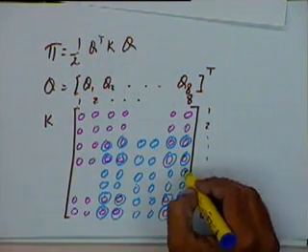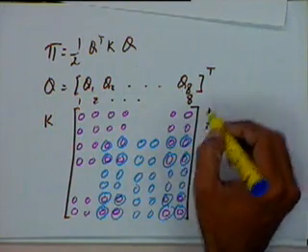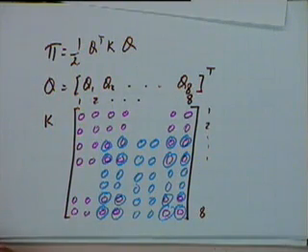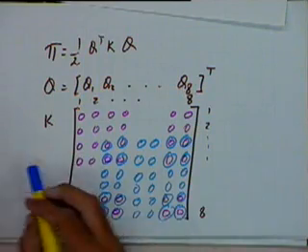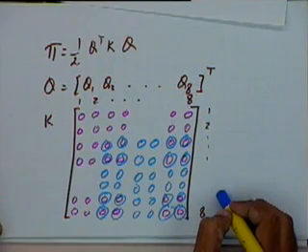So these are the locations of the second stiffness matrix, these are the locations of the first stiffness matrix, and this way we will get the global stiffness matrix.